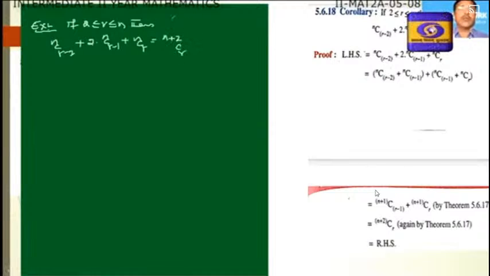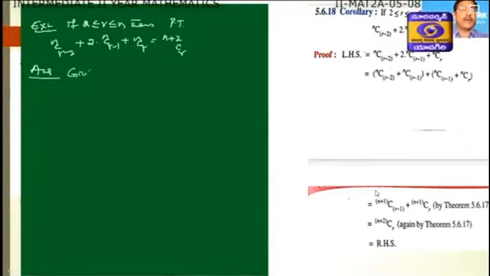This example is: if 2 is less than or equal to r, which is less than or equal to n, then nCr minus 2 plus 2 into nCr minus 1 plus nCr is equal to n plus 2 Cr. This we have to prove.